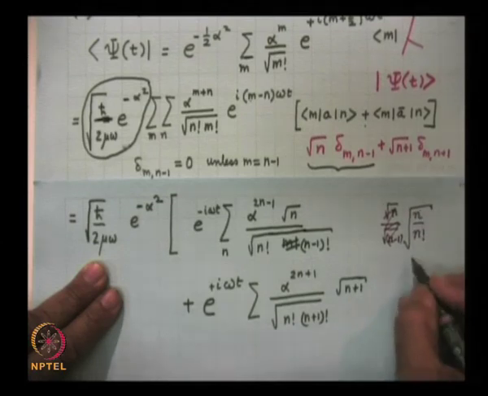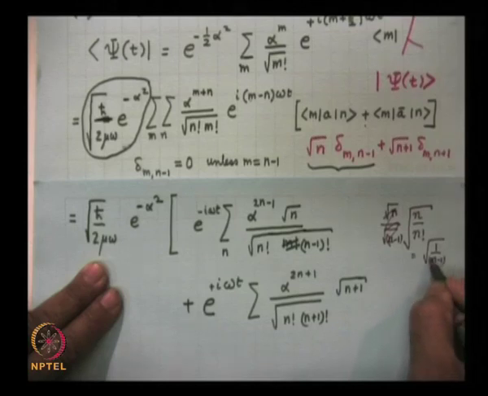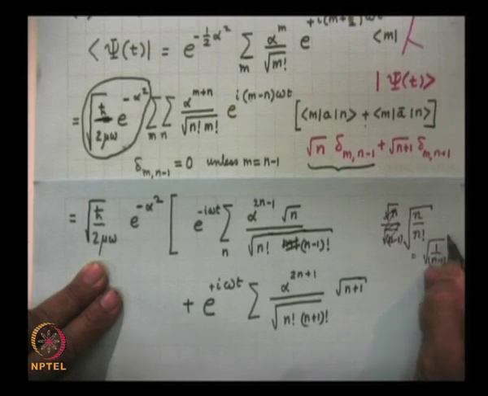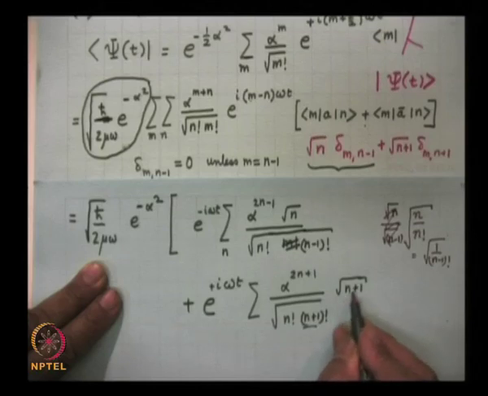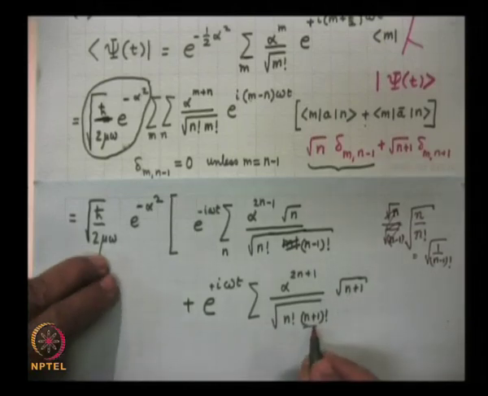So, this is equal to 1 over n minus 1 factorial, because this is 1 into 2 into 3 into n minus 1 into n. So, n cancels out, and this becomes n minus 1 factorial, and similarly this term will cancel out with this and will give you only n factorial.